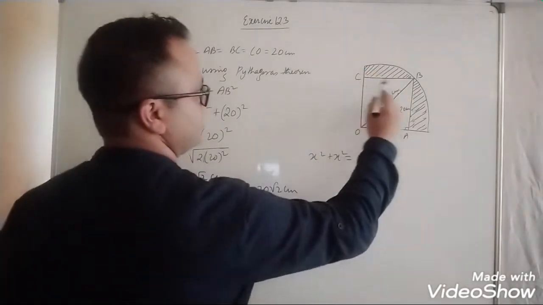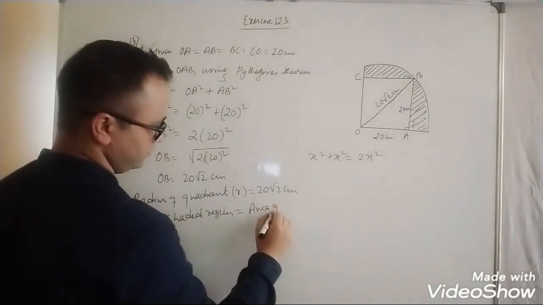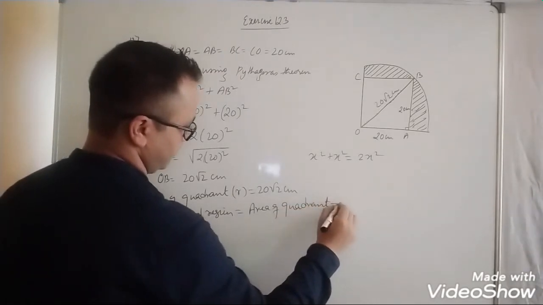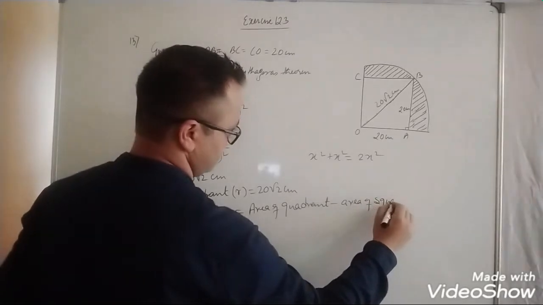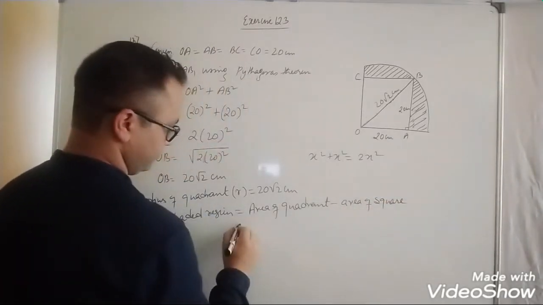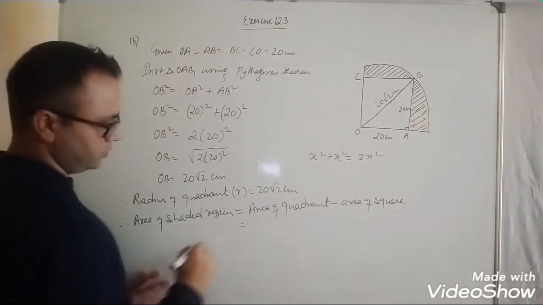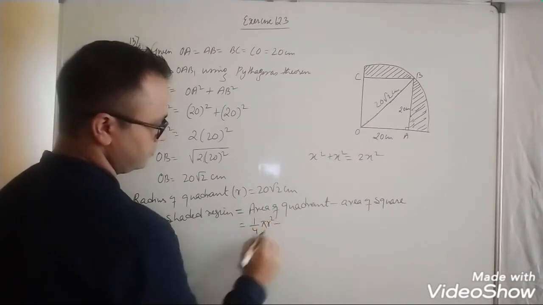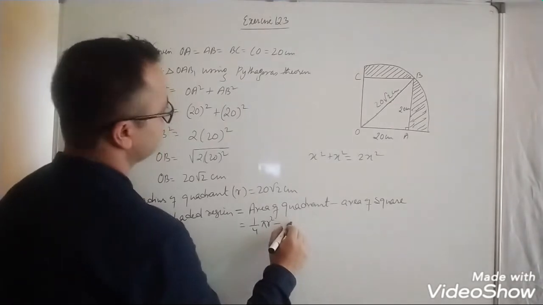The area of the quadrant is 1/4 pi r square, minus the area of the square, which is side square.